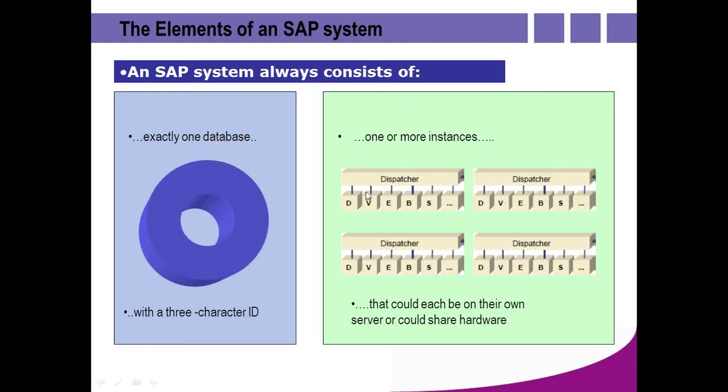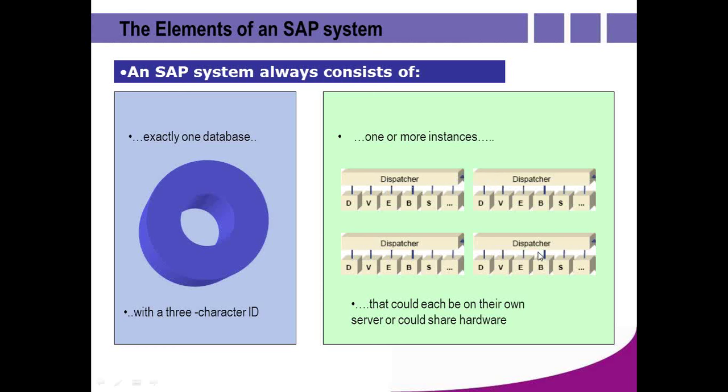To handle the excess load of one instance, for example, one instance cannot handle all the load. Assume this dispatcher and these work processes in this instance can handle 100 requests. It may handle 100, but if 200 come, the system will become slow. So we need one more instance to handle the excess load.